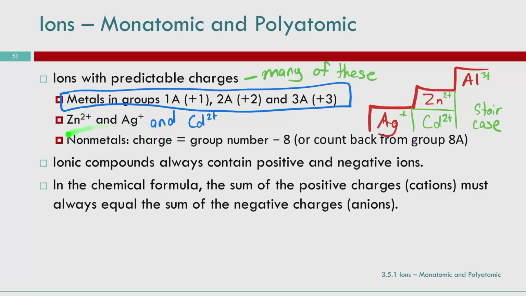And then for our nonmetals, the charge is the group number minus 8, using the A designation group number. So if we look at our halogens, these are group 7A. So 7 minus 8, one negative.